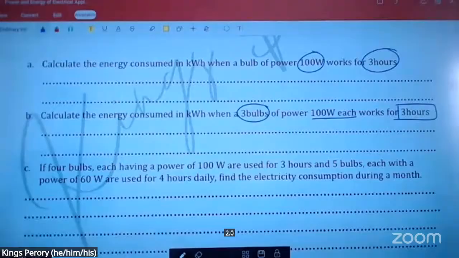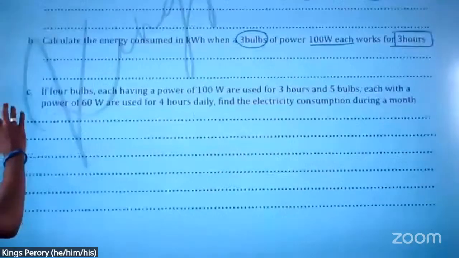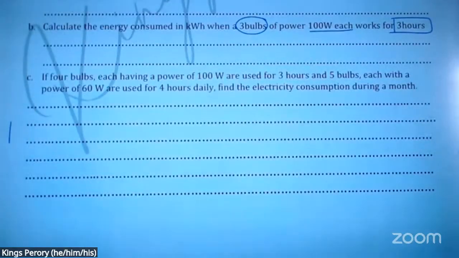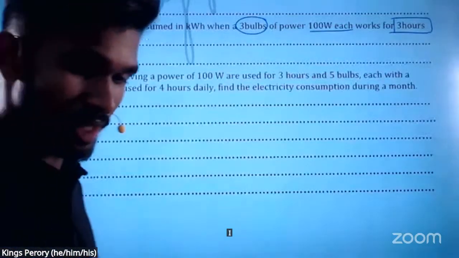I change the book. Can Excuse me, sir. Yeah, you excuse. How much would they charge for 1 kilowatt hour? I don't know the calculation for that. It depends like this.